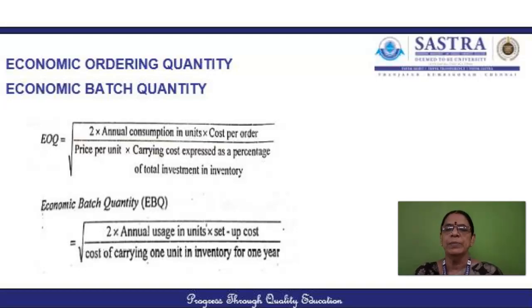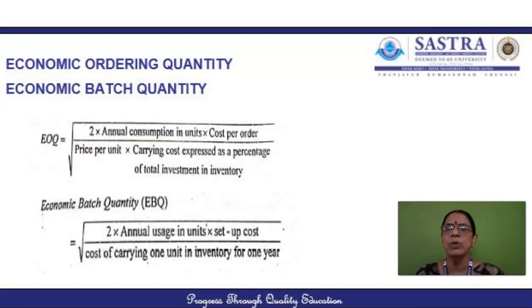The formula will be again square root of 2AO divided by I. Square root of 2 into 4,000 units into 240 rupees per order divided by 30% of 10 rupees. We will get 800 units. Therefore, the EOQ is 800 units.